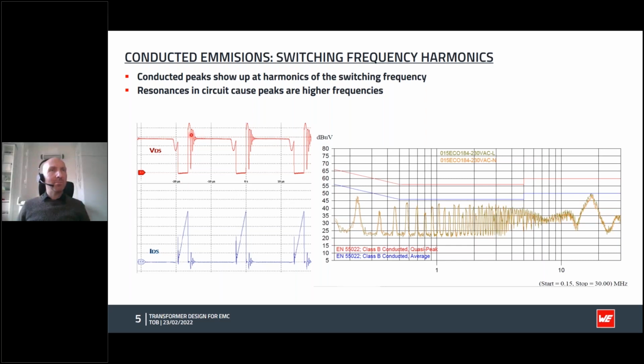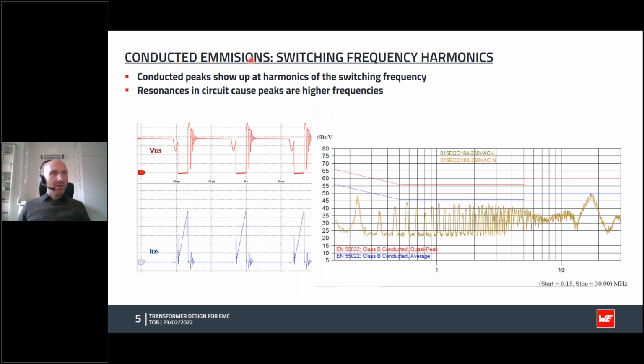Often we need to clamp this voltage, because if it goes too high, we can damage the MOSFET if it goes above the voltage rating of the MOSFET. So we often employ a snubber circuit on the primary to clamp or dampen it. Also, this high frequency ringing can cause radiated emissions problems. So leakage is a bit of a killer there.